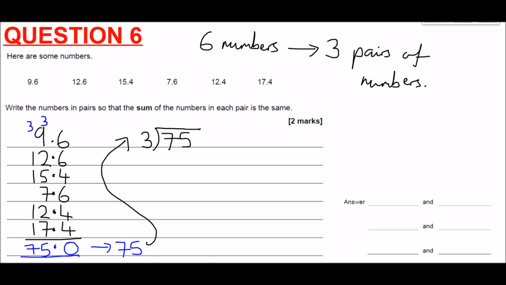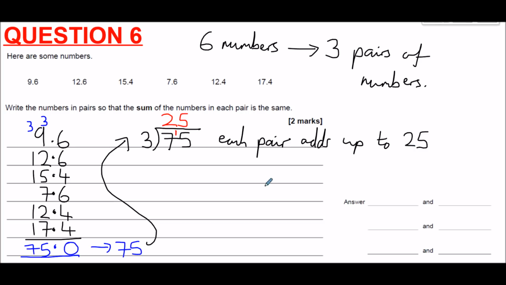So we can use a bus stop method for this one. 3 into 7 goes twice, with 1 left over, and 3 into 15 goes 5. And so each pair needs to add up to 25. Once you know that, we can just work out the rest quite easily.